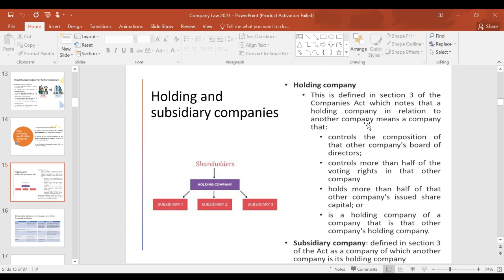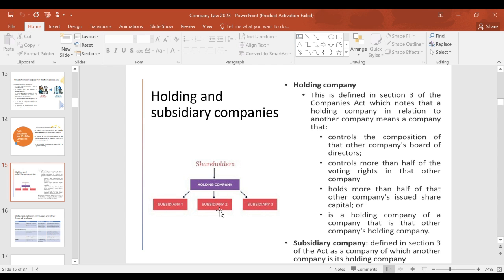Now, what about a subsidiary company? Section 3 of the Companies Act provides that a subsidiary company is that company which is under the holding company. So it does not really say much about what a subsidiary company is, but as I've explained, the holding company will invest in a subsidiary company, and it depends on the amount of investment in that company that will exert the control of that subsidiary.